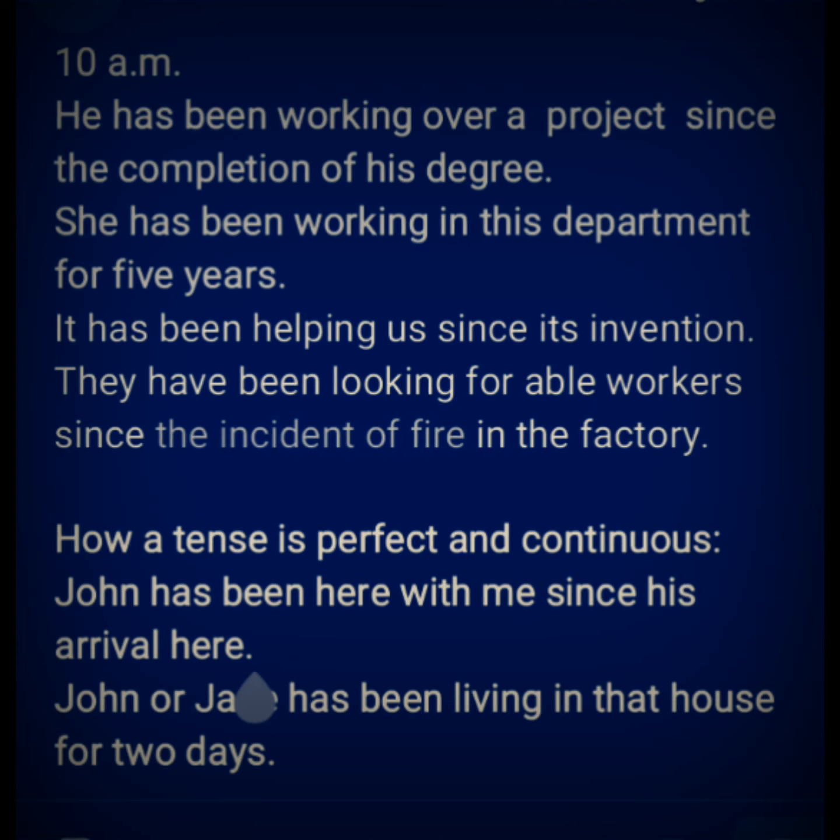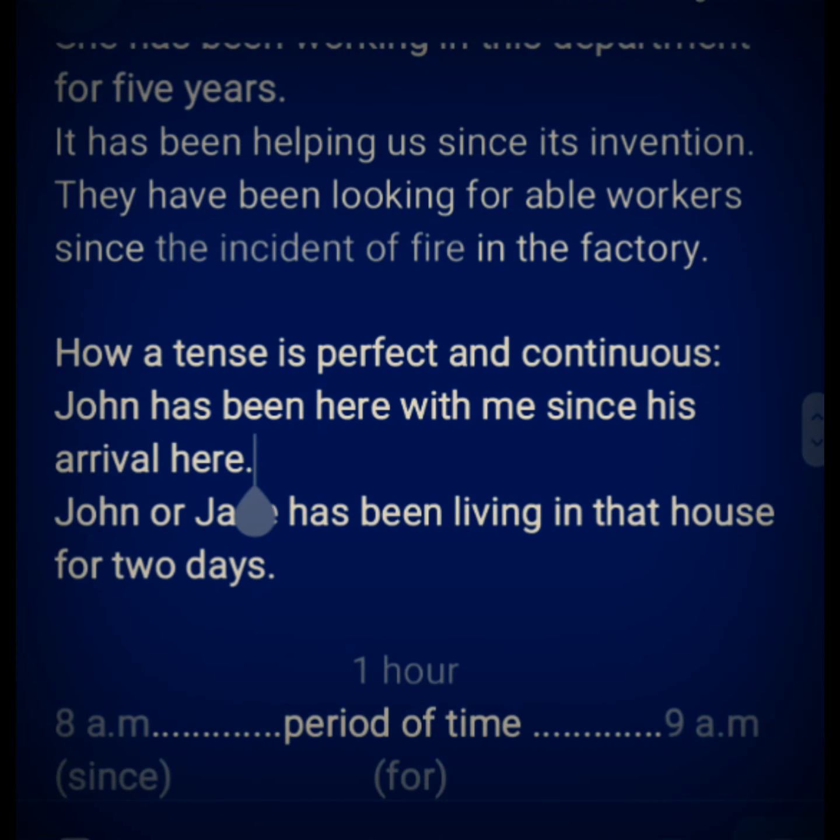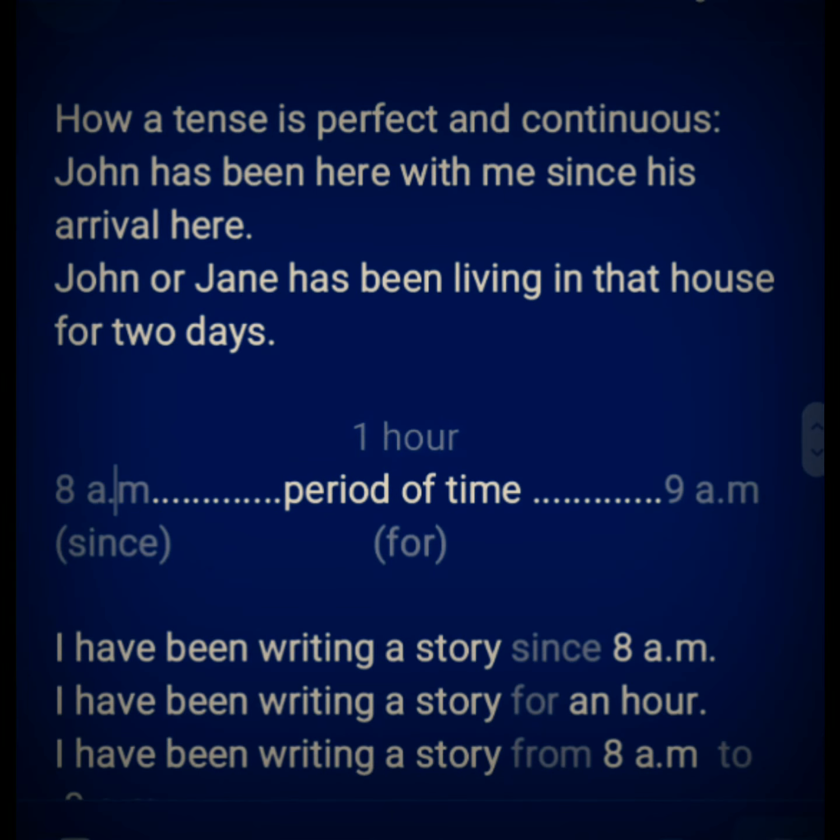A sentence can be perfect and continuous because there are 2 points of time, the starting point and the perfection point. In between these 2 points, the action remains continuous. That's why it is also called continuous. The action starts from this point and becomes perfect, ends at this point, and in between, the action covers some period of time.